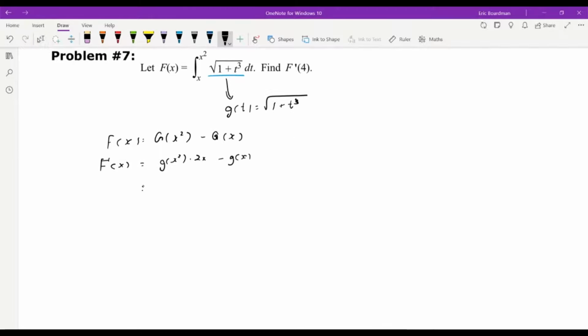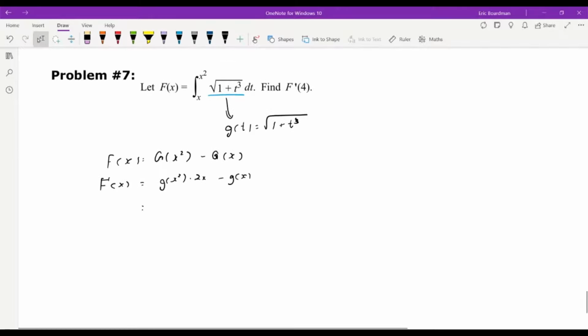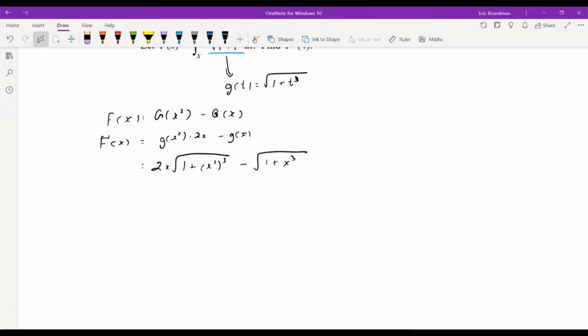So g of x squared, with the 2x out front, is 2x times the square root of 1 plus x squared cubed, minus the square root of 1 plus x cubed. And so now this is just 2x times the square root of 1 plus x to the power of 6, minus the square root of 1 plus x cubed.